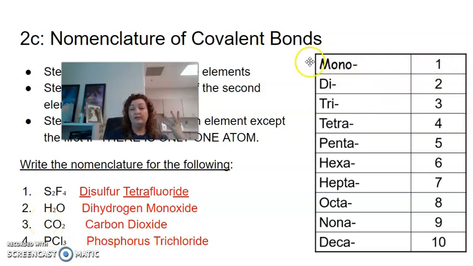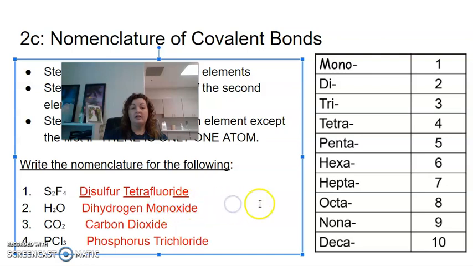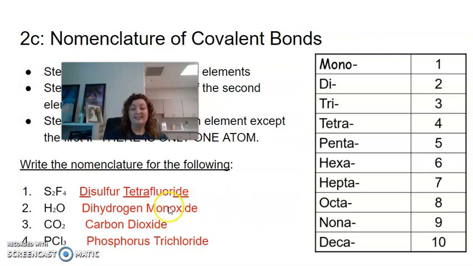I know one is supposed to be mono, but that is the exception to the rule. You do not write mono on the first element, okay? The second element, yes, you do, just like monoxide. But if it's for the first element, you do not write it. You just write the name itself. So just carbon. That's it.